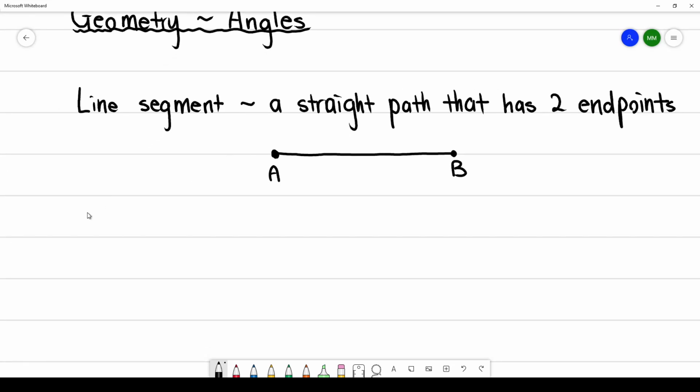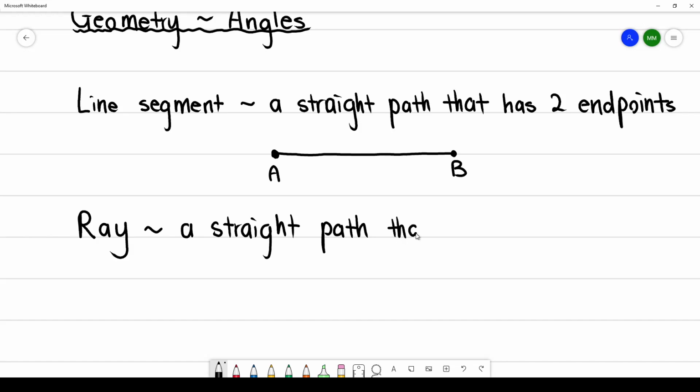And then something other than a line segment, there's something called a ray. So like a sun ray. If you can imagine with the sun ray, you have the sun, and then the rays just go everywhere. So it is a straight path that has one endpoint.